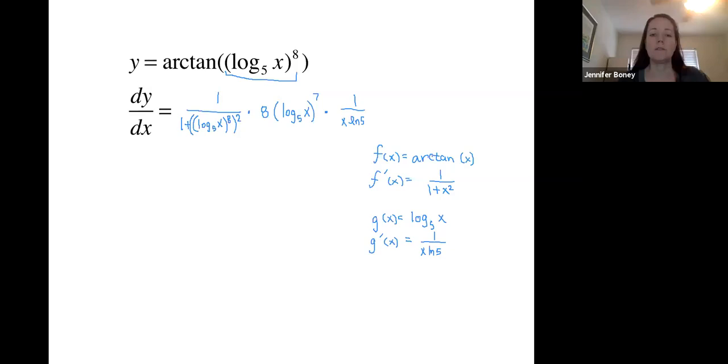So notice that this isn't 1 over x natural log of 5 raised to any power. When I have something raised to a power, the derivative has the lower power, but it's of the same item. So the derivative of x to the 8th is 8x to the 7th. It's not 8 times something else to the 7th. That same inner function is left intact. All right, so that's all of this question.